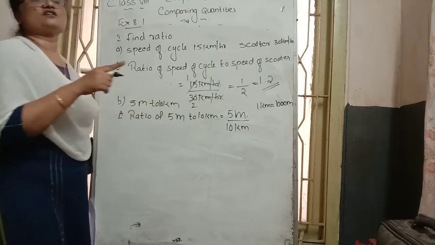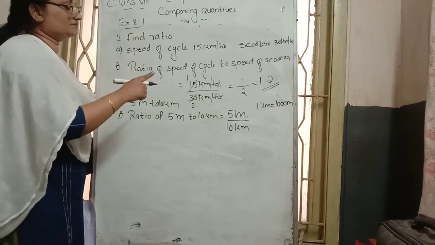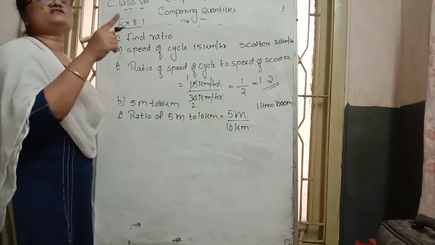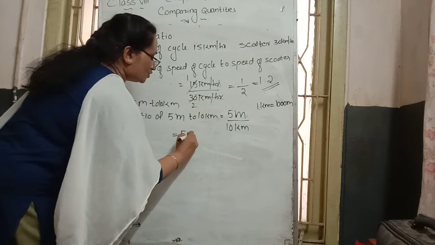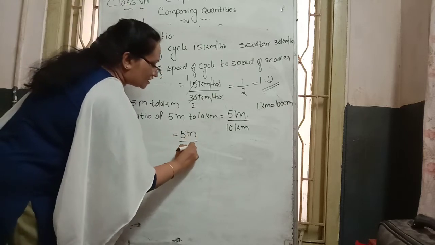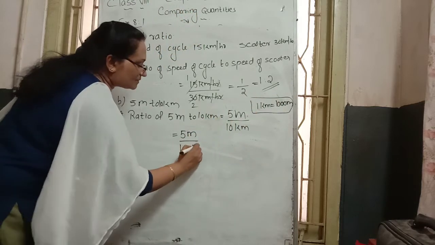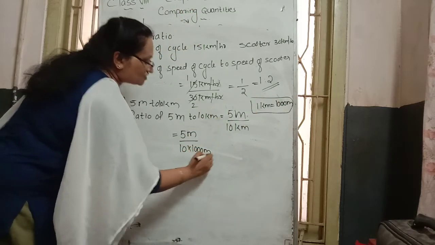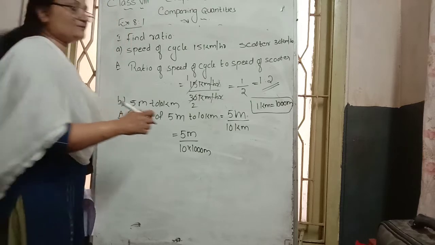So 10 kilometer is 10 into 1000, which is 10,000 meter. In the numerator there is no change. In the denominator, we convert 10 kilometer to meter by multiplying with 1000. Now we have the same units.